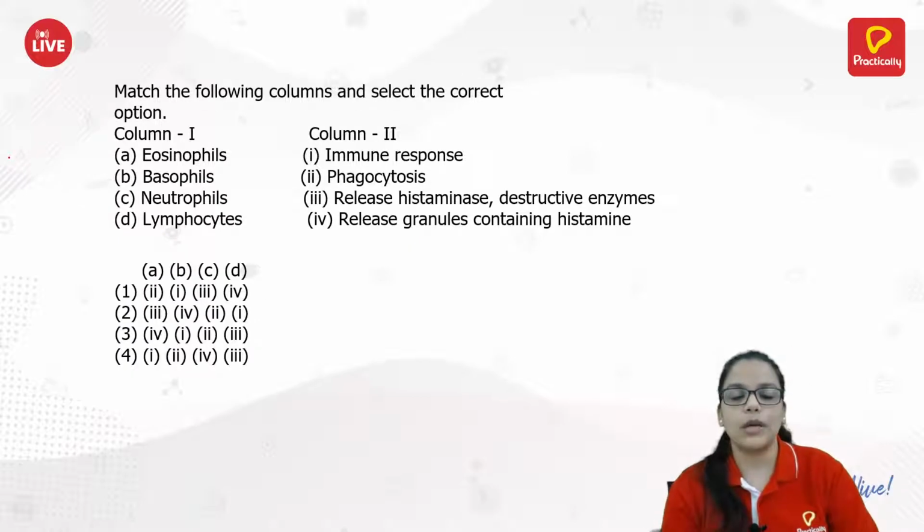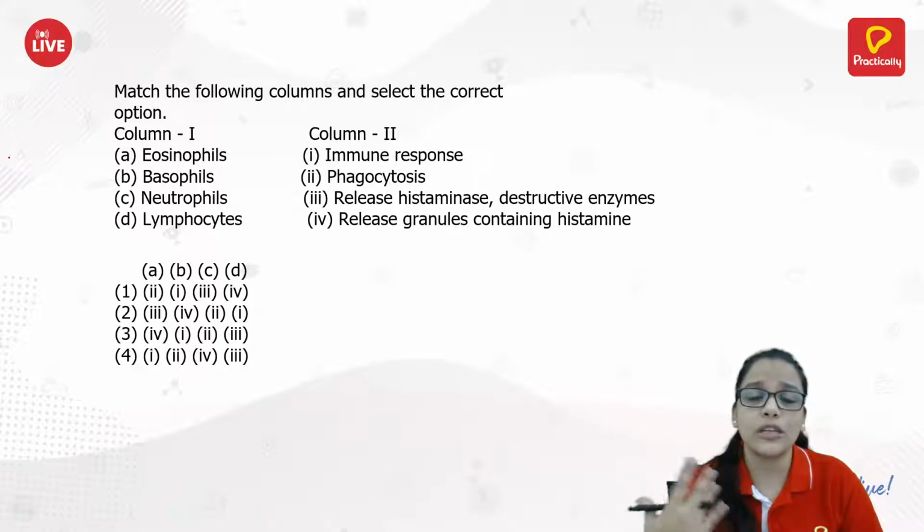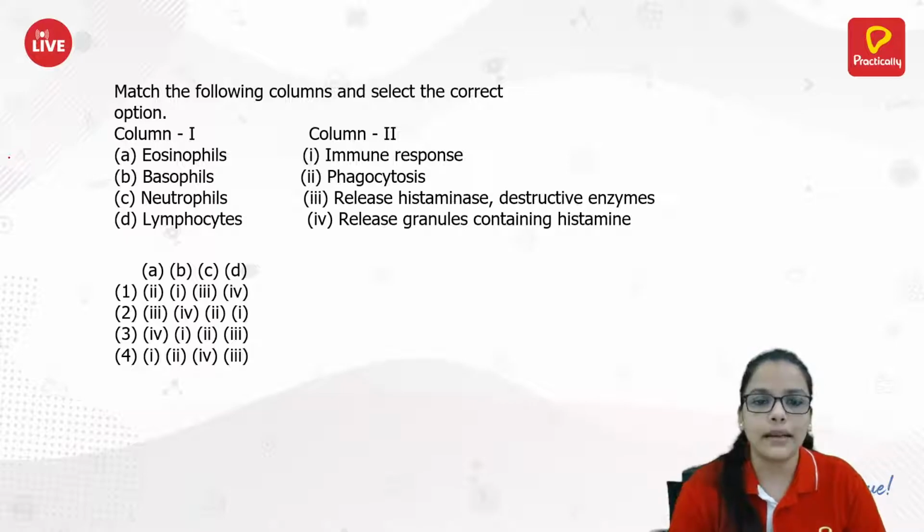Next, another one. As I said, there are around 10 to 15 match the following questions, so I feel this year also it can come like that. This is about the parts of blood: eosinophil, basophil, neutrophil, lymphocyte and their functions. First of all, I know for sure neutrophils help in phagocytosis, so C2, there can be 2 or 3.